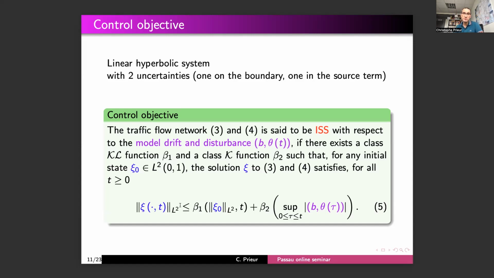This inequality is a function of the state, so psi is the vector of all information at time t, and we will deal with L2 stability, because this is our favorite norm that we will use for this presentation today. So this is the control objective.